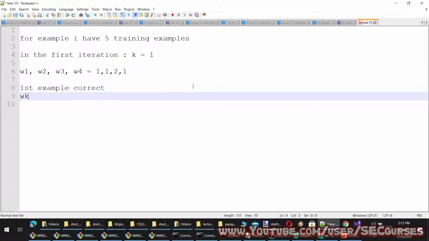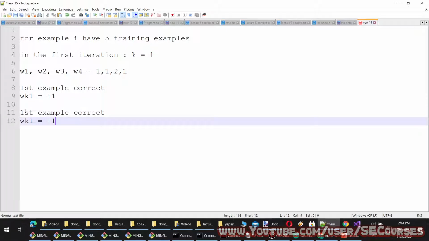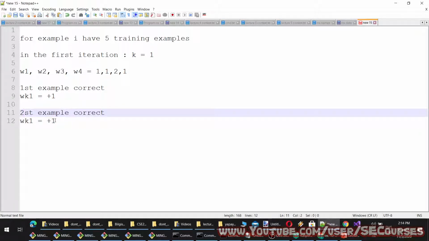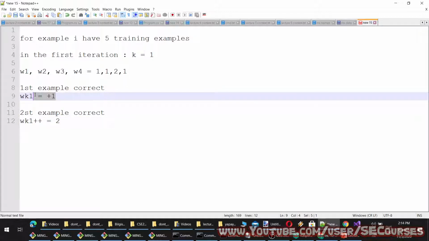So vote for vk1 gets plus 1, because the first example was correct. The second example was also correct, so it gets plus 1 again, and becomes 2.